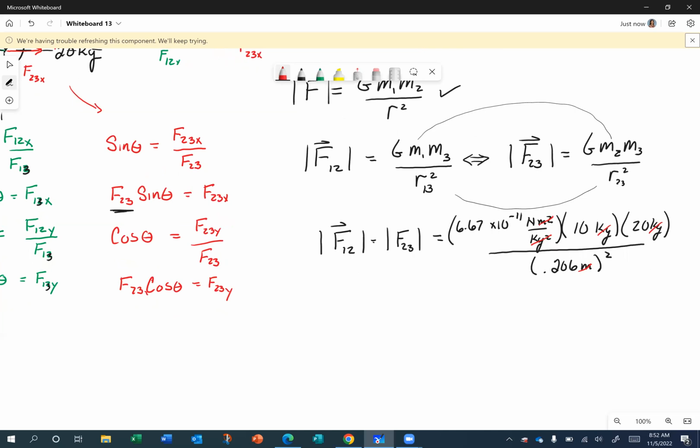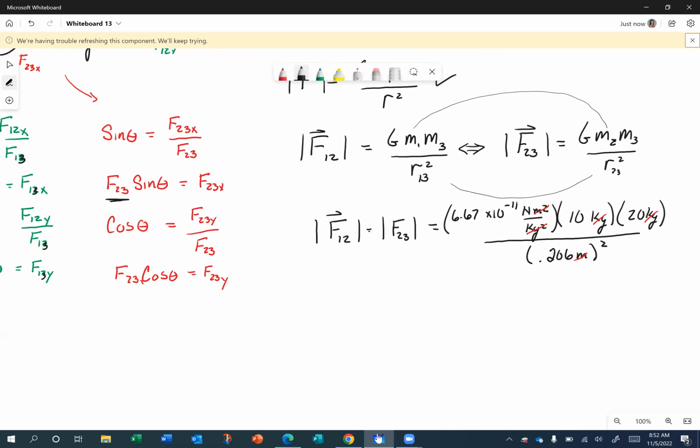We end up with units of newtons, and the value of our magnitude of the force 1,2, which is equal to force 2,3, is equal to 3.14 times 10 to the minus 7 newtons. So that's the magnitude.